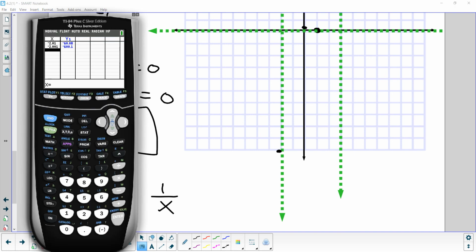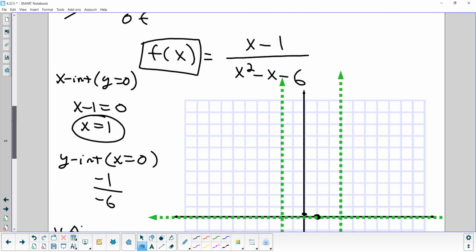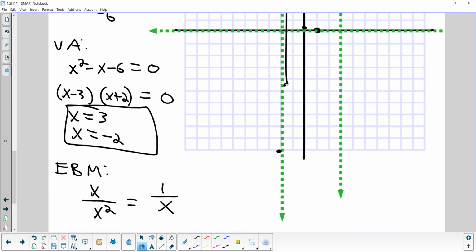Now, let's try a number on the other side of the asymptote. What's a number very close to -2, but on the right side? -1.99. And we're up at 60. Okay, we're up very high.